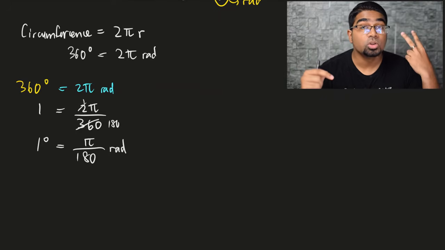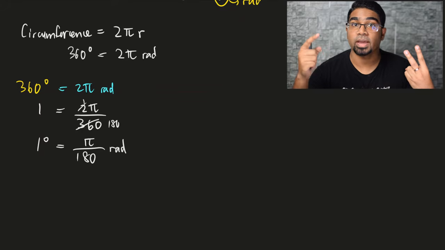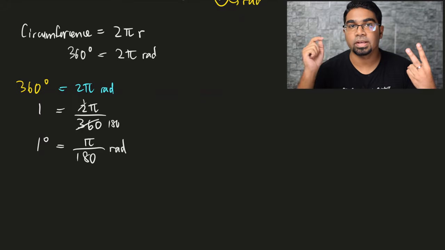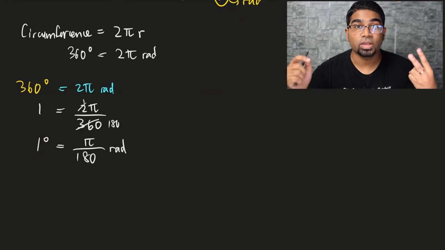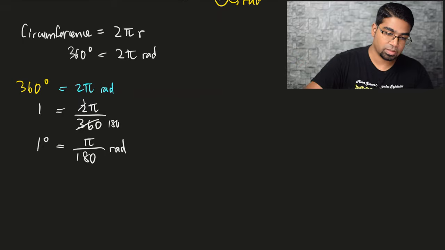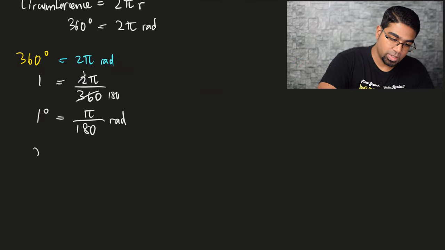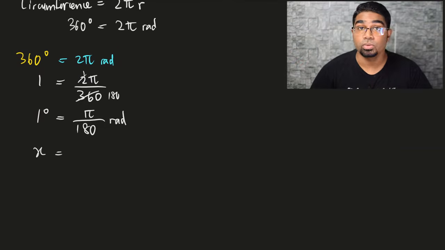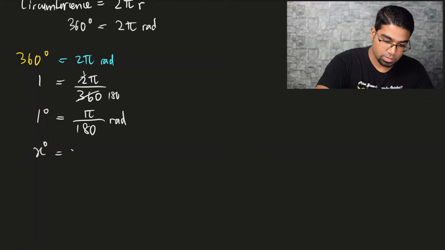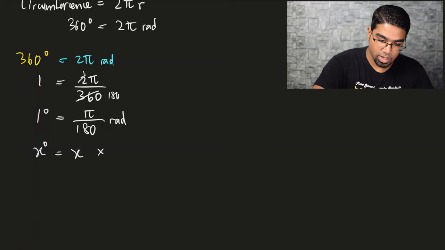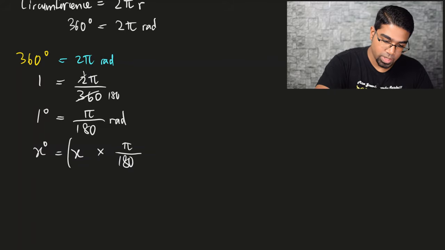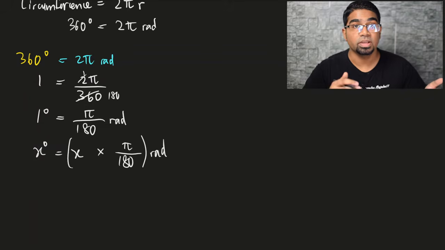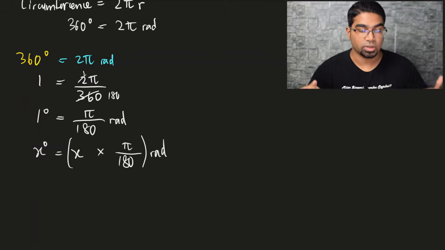That would mean that 2 degrees is 2 times pi over 180 radians, and we can apply this universally, saying that x degrees would be equal to x multiplied by pi over 180 radians. So this is where we get our conversion from degrees to radians. I will show you a shortcut later.